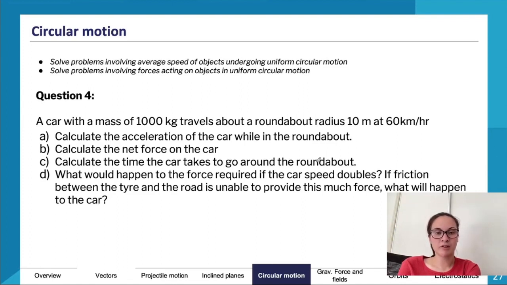Vectors involve magnitude and direction, or for circular motion, what the different forces are and where they are moving. There are a lot of different formulas to remember, but most of them, I should say, are in the formula sheet. That's just something I want to point out. If you have any questions about that, feel free to ask.